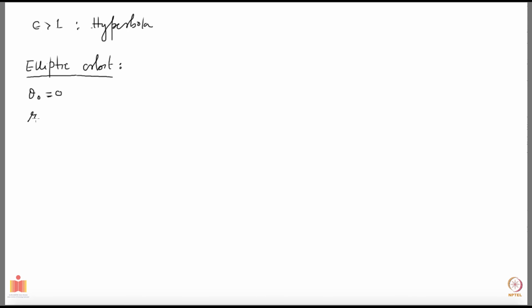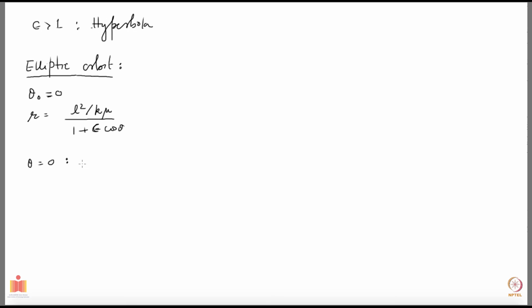And if I do so, then my R is L square over K mu over 1 plus epsilon cos theta. Okay, that's good. So it says if theta is equal to 0, then cos 0 is 1, so it takes its maximum value, which means the denominator takes its maximum value, which means R takes its minimum value.